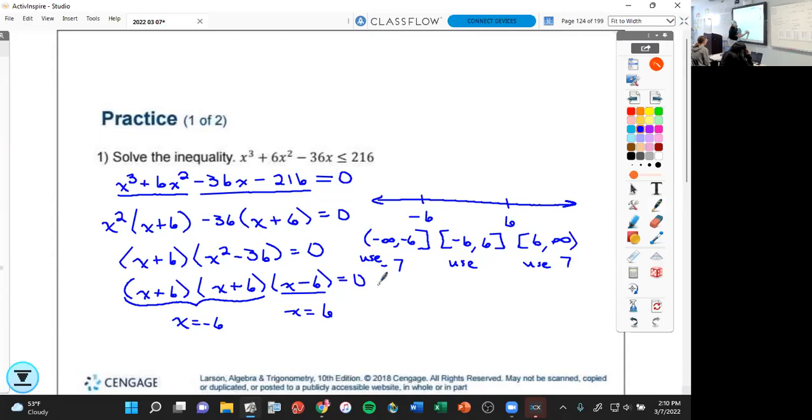So using negative 7, we get that 203 is less than or equal to 216. What do we say? That's true.